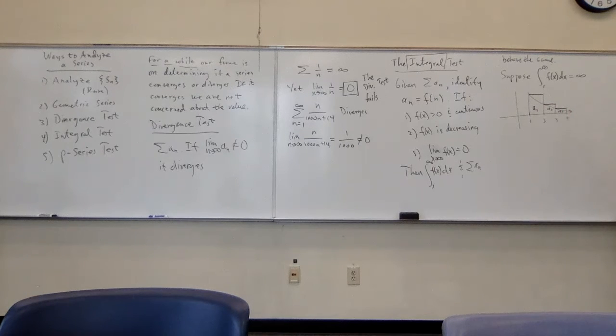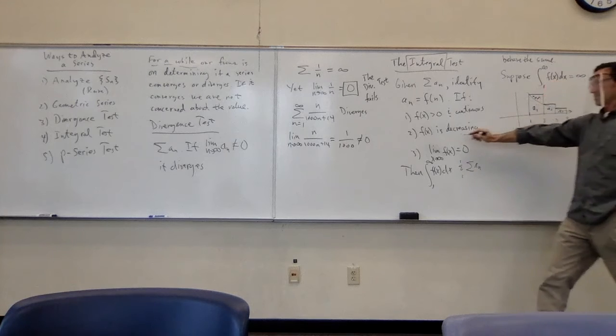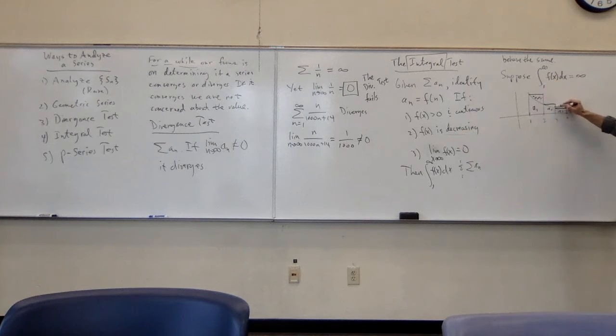Is there more area in those rectangles combined or under the curve? In the rectangles, yes, they all have a little bit of slope over the top of the curve. All of them do, because the function is decreasing. So if I add up all the rectangles, I'm going to get a number that's bigger than the area under the function. But how big is it? It goes to infinity.